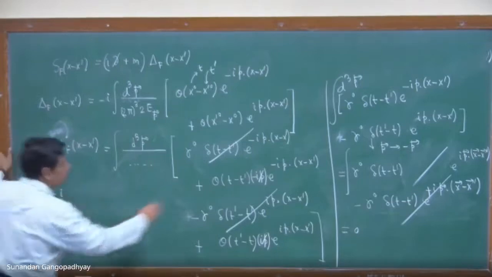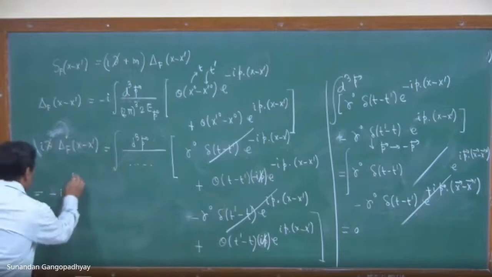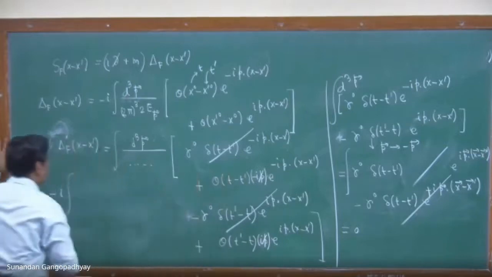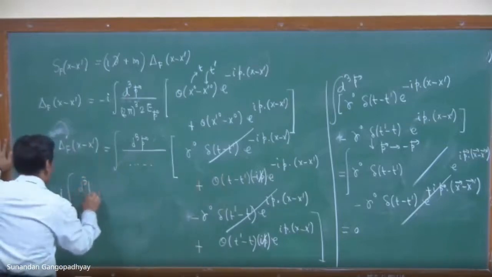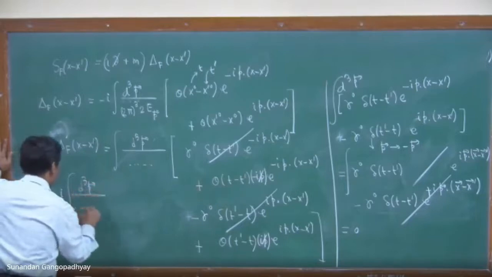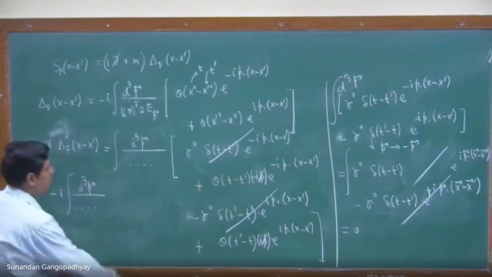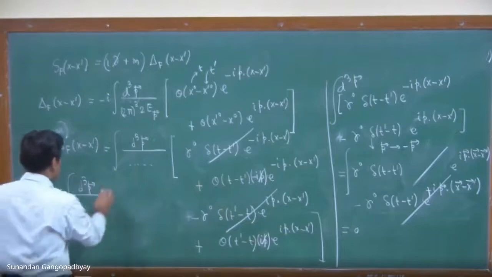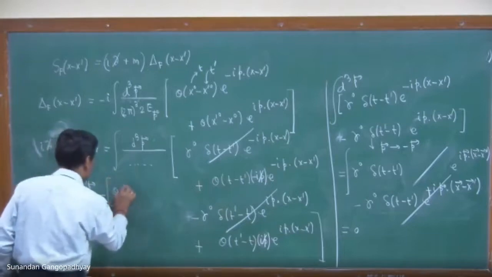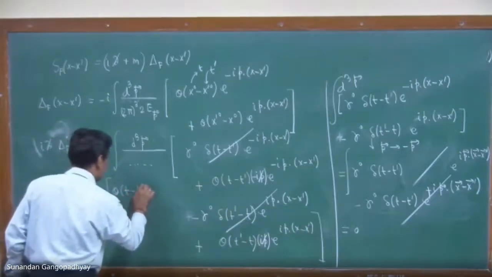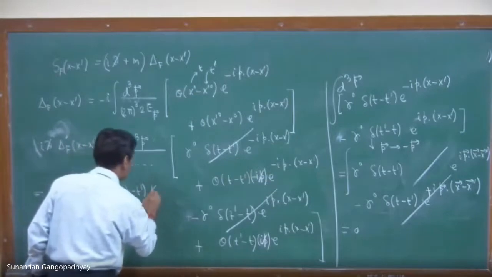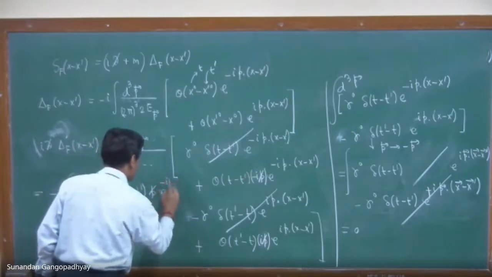You can write this expression as minus I. You can take this minus I common. So we will have dq3 divided by this factor that we have in the denominator. Then we will have theta t minus t prime t slash exponential minus ip.